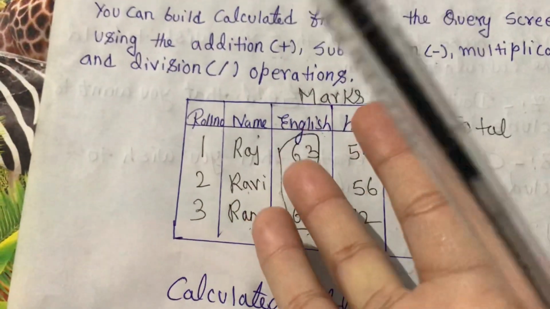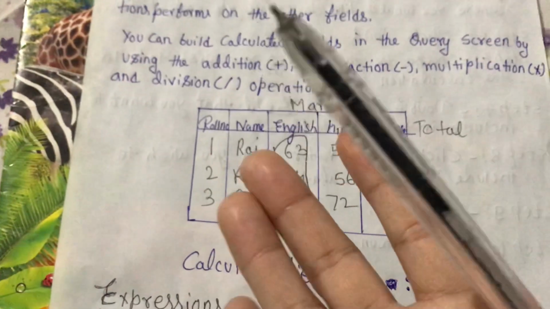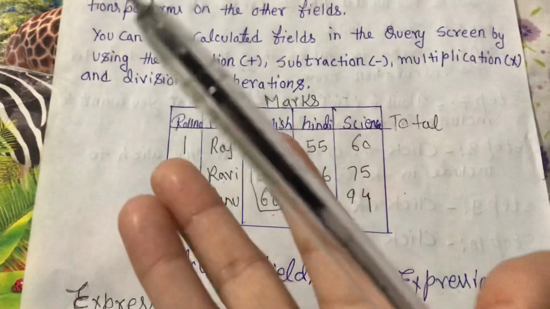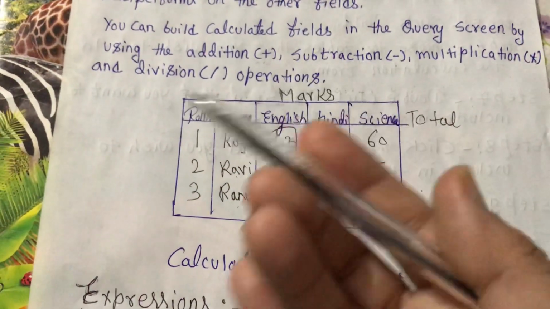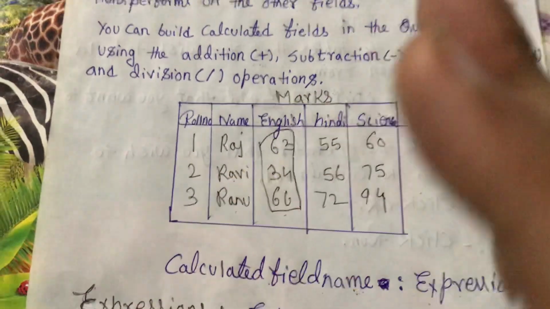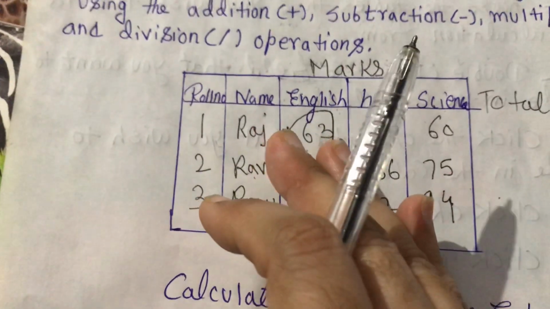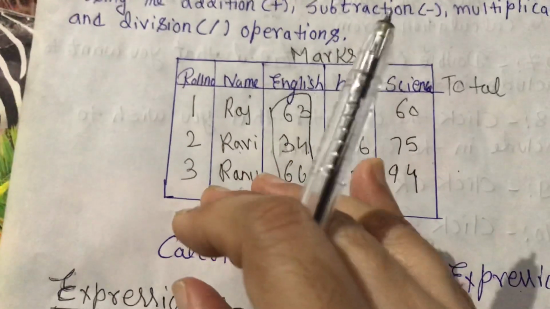And what are logical operators? That I gave you to draw in the table yesterday. You remember greater than, is equal to and less than. These are the logical operators.